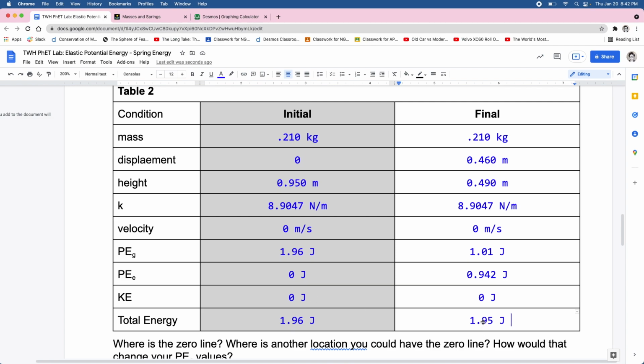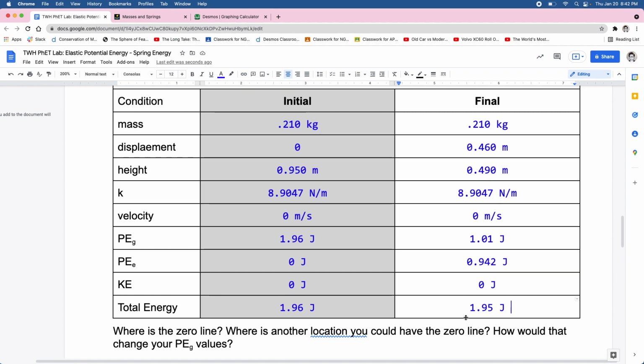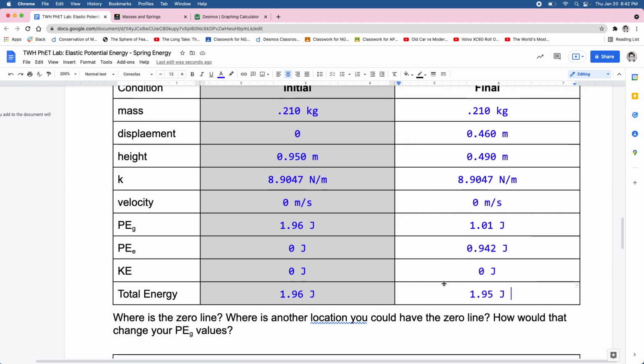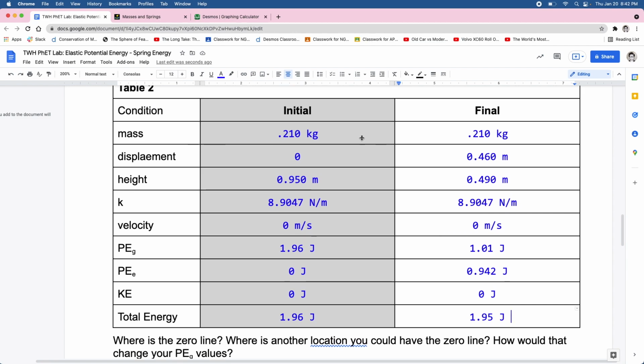Even if your values are like 0.5, that's pretty high. Even if they're like 0.1 and below, similar, I think we're okay. And so the idea here is that the energy gets transferred between gravitational potential energy and elastic potential energy.